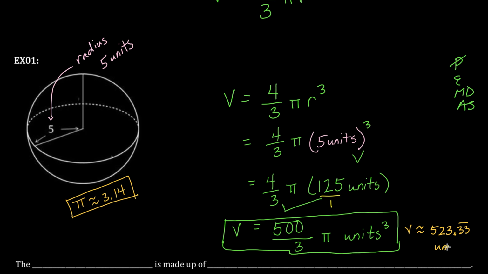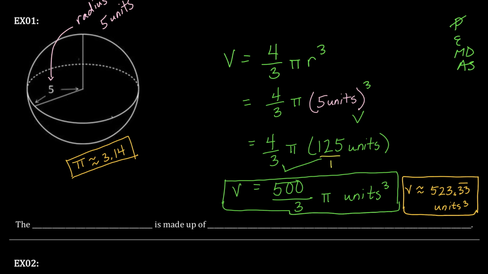Units cubed. And I will go ahead and box that. Remember, this is approximate anyways. So this probably isn't the case. It's not probably repeating, but according to my rounded calculator, that's what's happening.